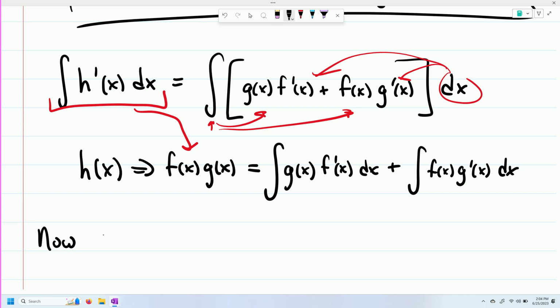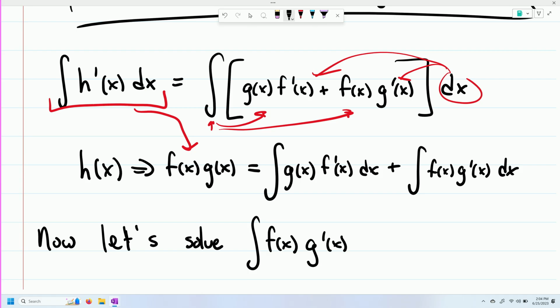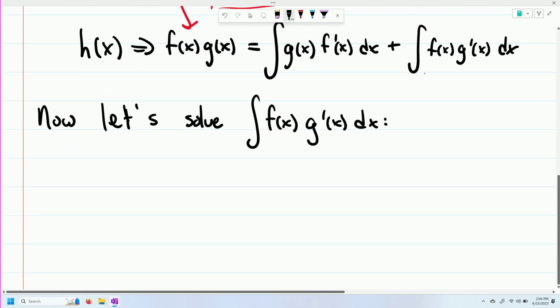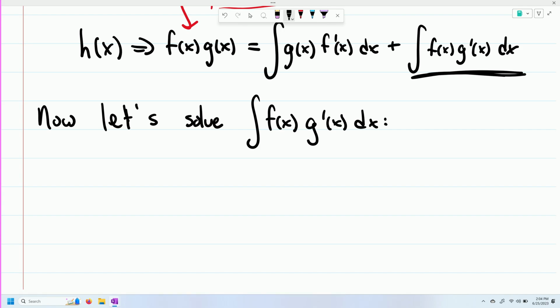Now, let's solve for the integral of f of x times g prime of x dx. So we're going to solve this entire equation for this. That's going to give us the following, and make sure you just follow along. You'll see it's not as bad as you think.